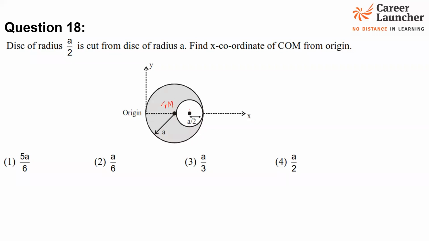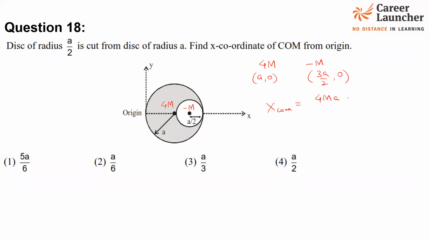The mass that is removed can be treated as minus m. Now I can write down the coordinates. 4m is situated at a comma 0, and minus m is situated at a plus a by 2, comma 3a by 2, comma 0.